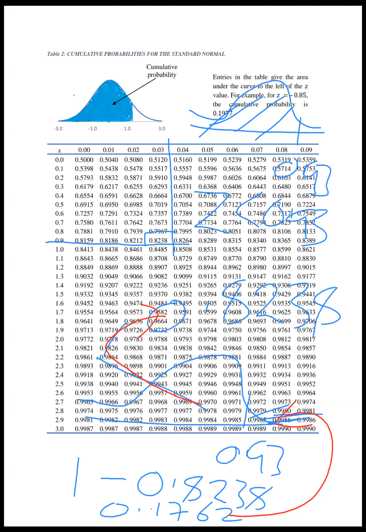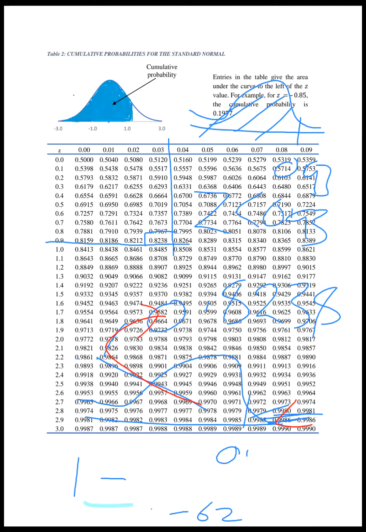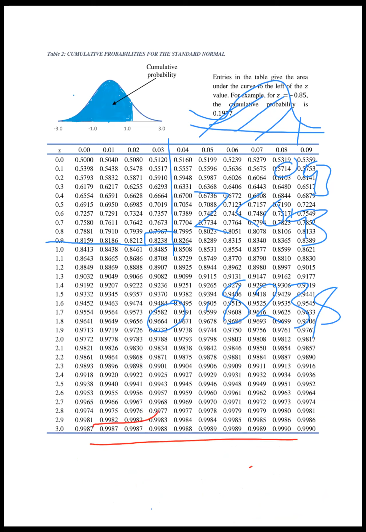But now, what if we are asked to find the area that is equal, not less, not greater, but equal, where z is equal to 0.93?